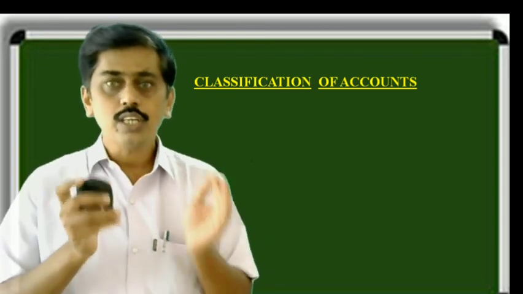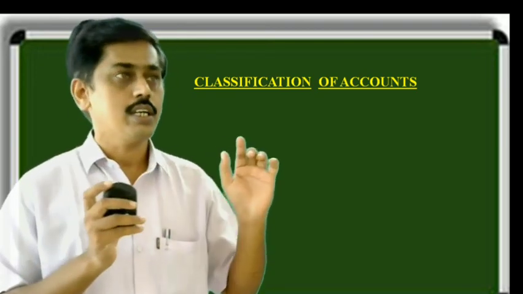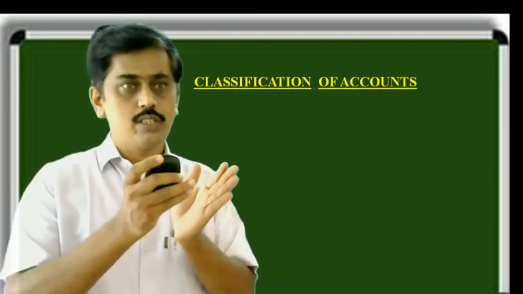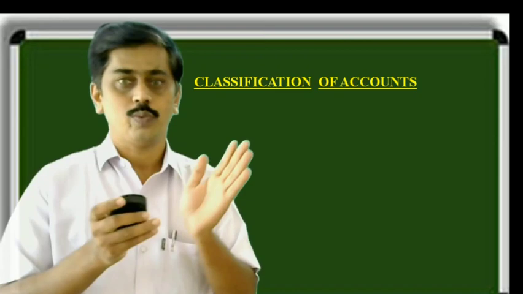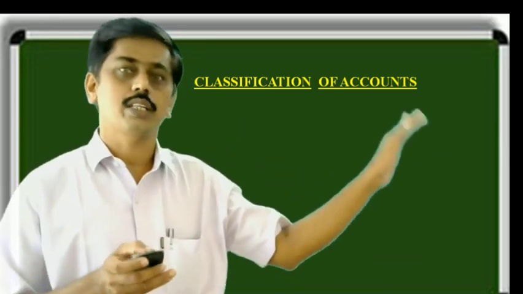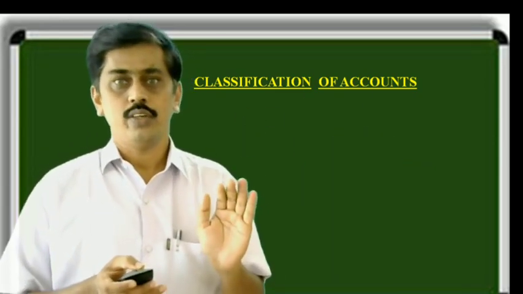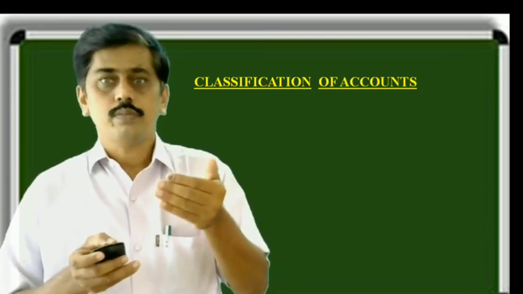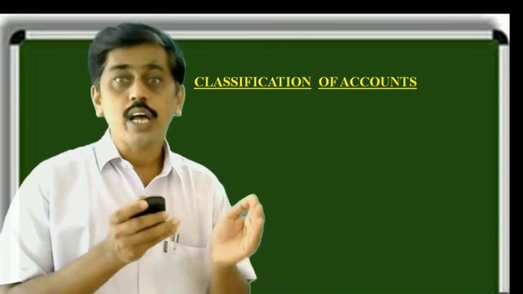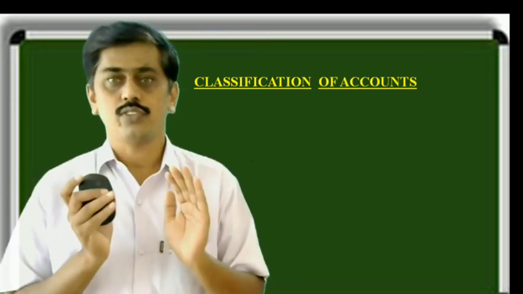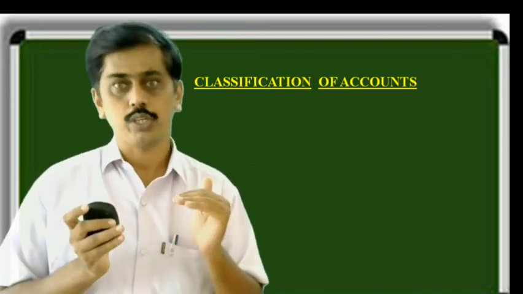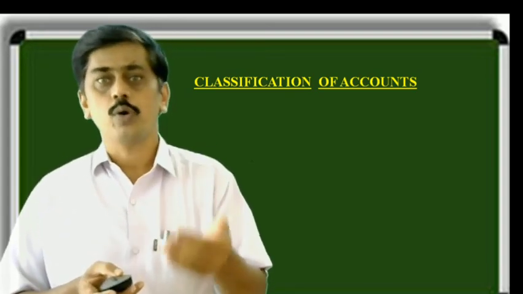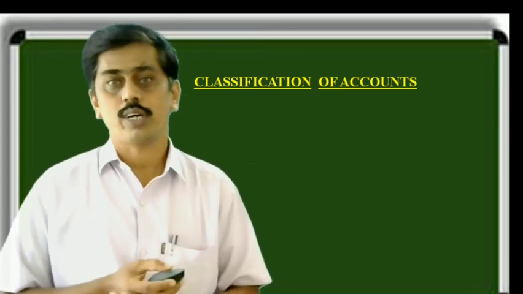The account is written in English alphabet T format. It contains two sides, the left hand side and the right hand side. This account is a summarized record of business transactions, which you should know at this point. Now let me speak about the different types of accounts.